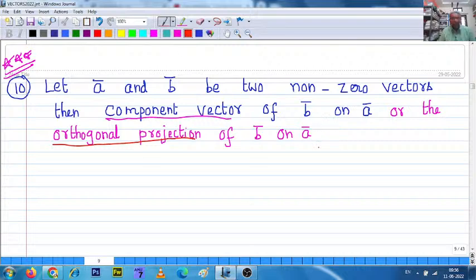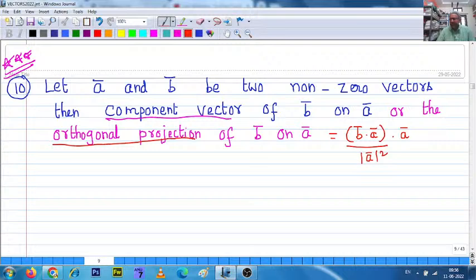That is equal to b dot a, the dot product between a bar and b bar, divided by mod a square, into a bar. So this is a scalar multiplied by a bar. The scalar here is b dot a by mod a whole square.